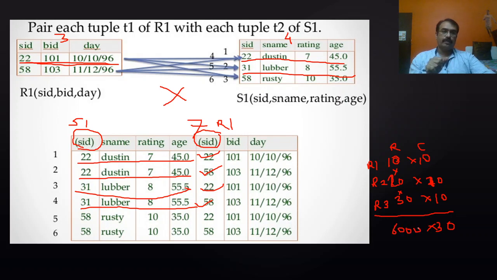So basically it looks very small when I treat them separately, but when the Cartesian product is formed, my where condition is applied on a table of 6000 by 30. Such a huge intermediate result is formed.